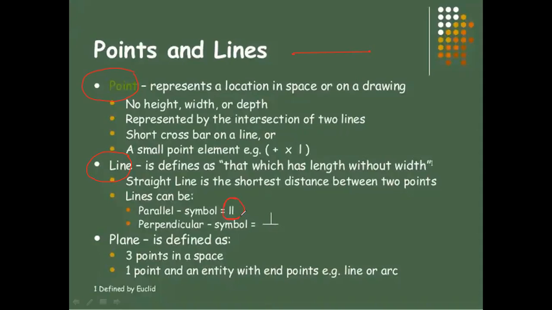So that is the first. The second type of line is perpendicular. Perpendicular lines intersect at a 90 degrees formation.